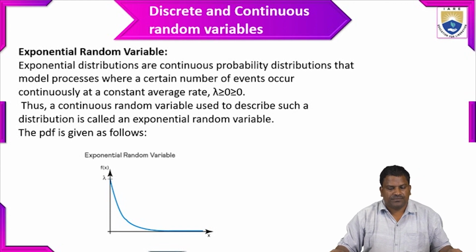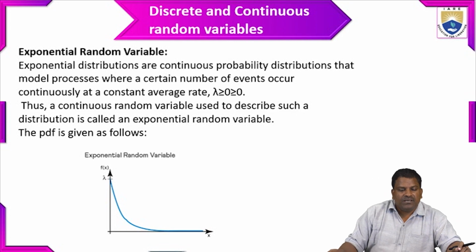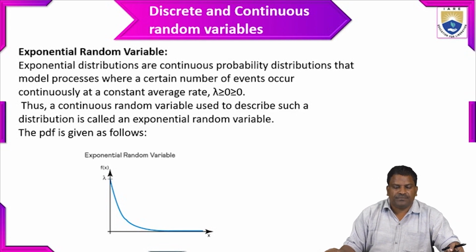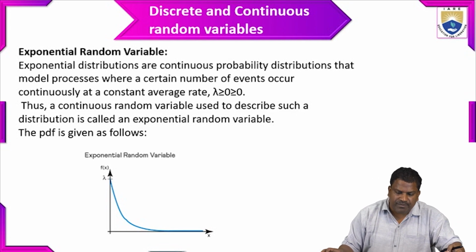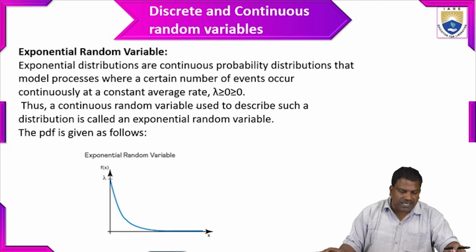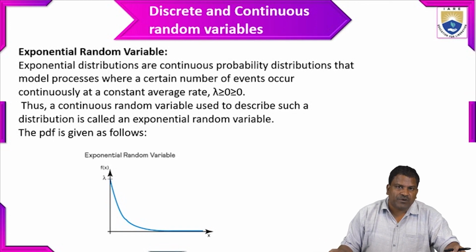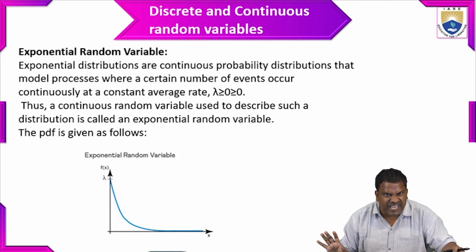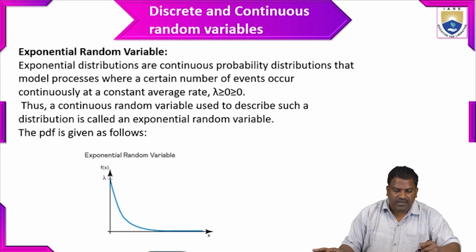Thus, a continuous random variable used to describe such a distribution is called an exponential random variable. The probability distribution function PDF is given like this.